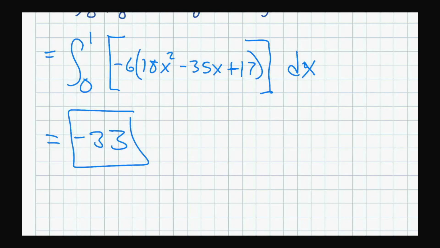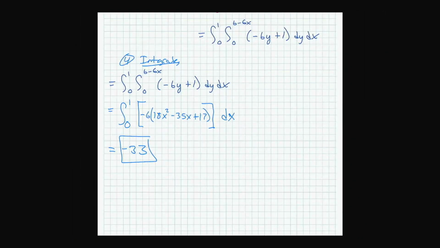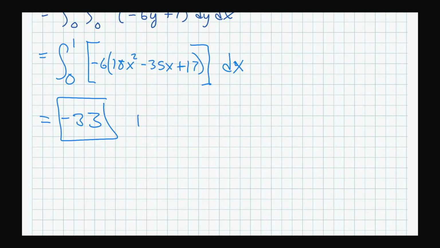Now, of course, I made that easy by letting the computer do the integrals, but you can do the integrals yourself if you like doing integrals, and that's the flux. Okay, so that is the flux across C. So we did a double integral, but we calculated flux because Green's theorem lets us do that.